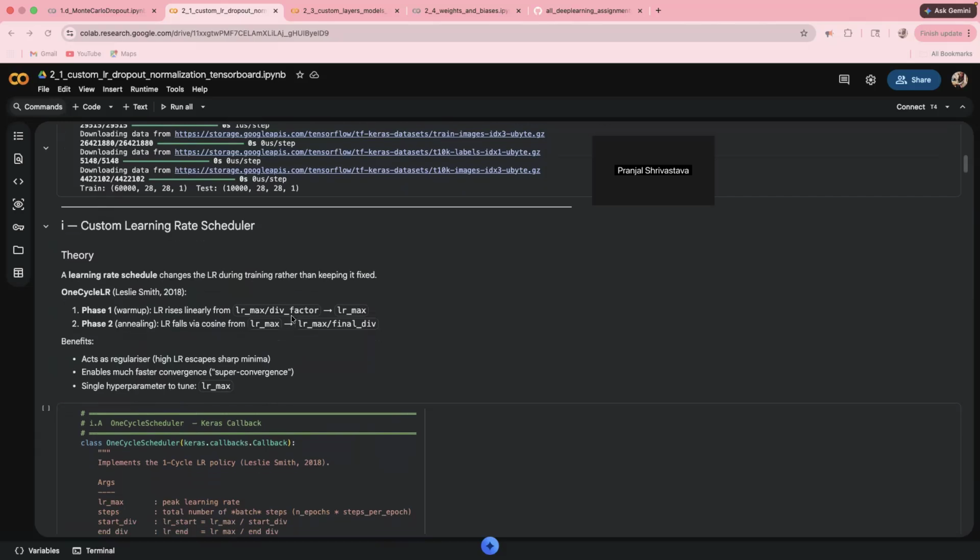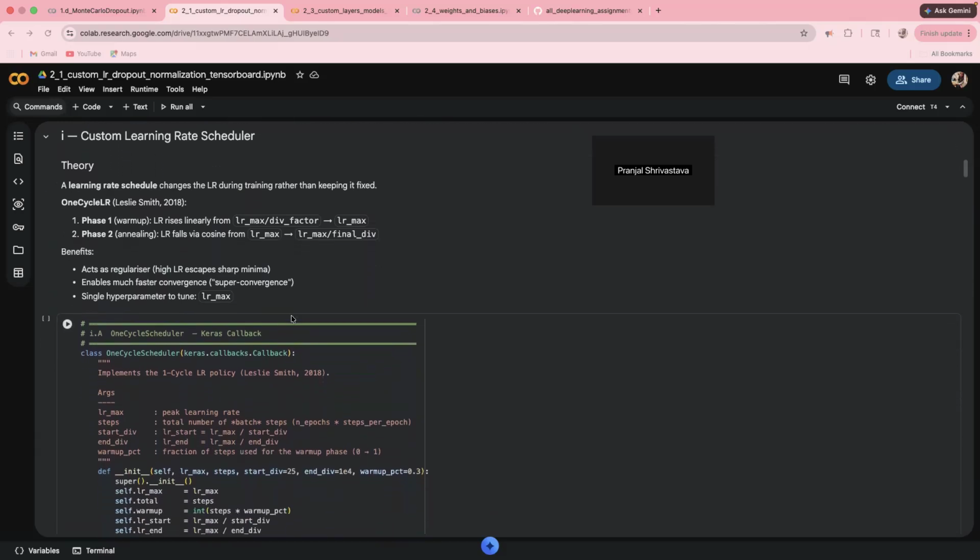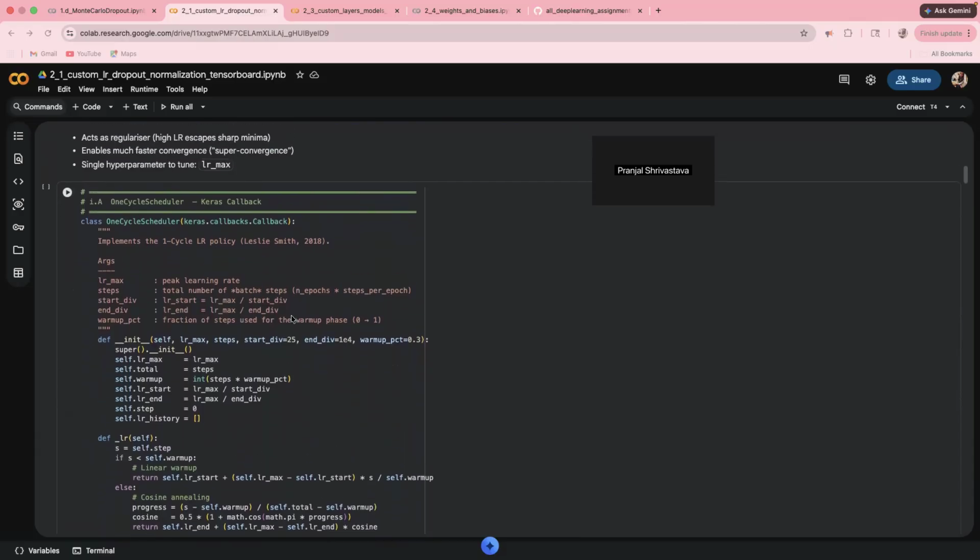Moving ahead, we have the custom learning rate scheduler. Starting with the one cycle scheduler, the theory cell explains the one cycle policy proposed by Leslie Smith in 2018. Instead of keeping the learning rate fixed or decaying it monotonically, the policy has two phases. In the first phase, the learning rate rises linearly from a very small value up to a peak.